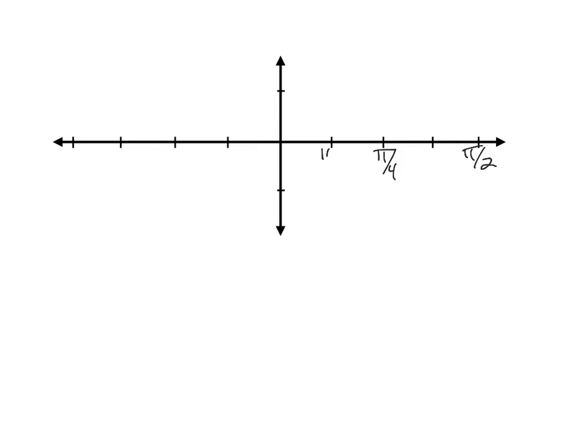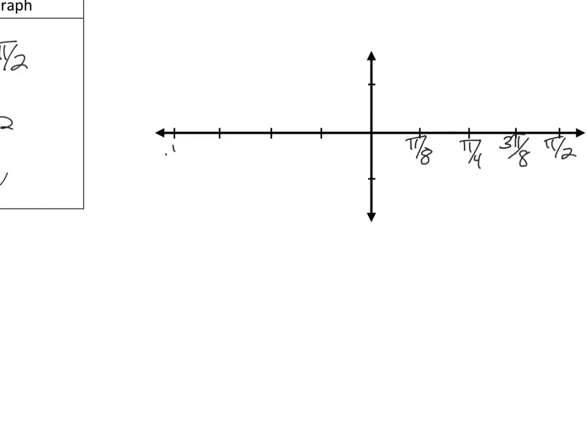Half of that is pi over 8. And I need 3 of those, 3 pi over 8. Shift over here, negative pi over 2, negative pi over 4, negative pi over 8, negative 3 pi over 8.